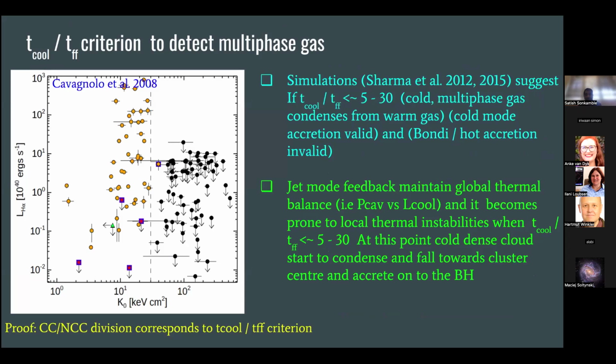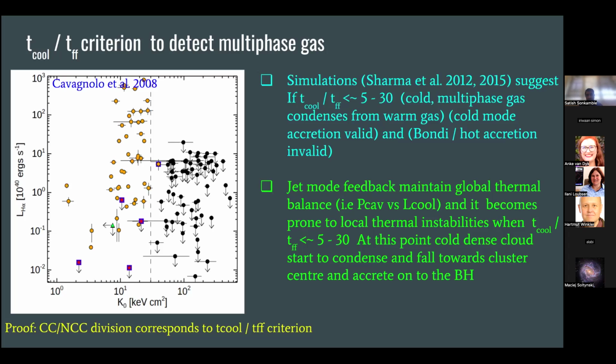This ratio suggests that if it is below 30, the cold multiphase gas condenses at the core from the warm gas, and cold mode accretion occurs, which overcomes the Bondi or hot accretion scenario.